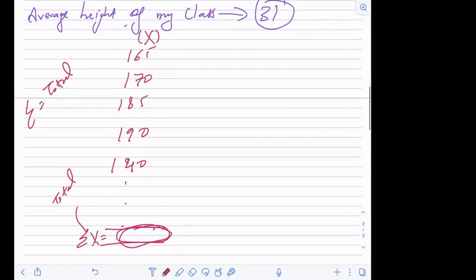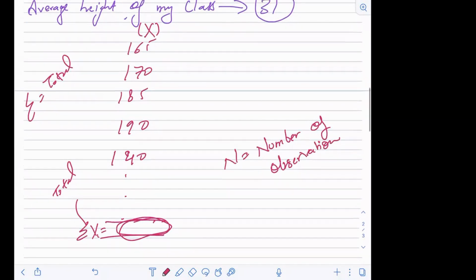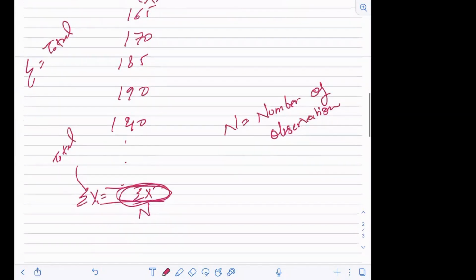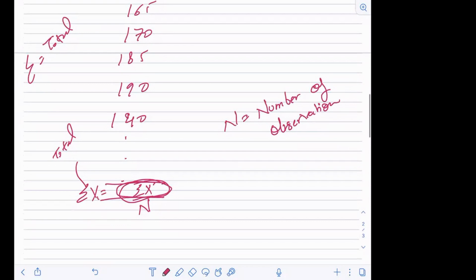So we simply use sigma x divided by big N. This is our formula for the mean, and this n refers to the number of observations.